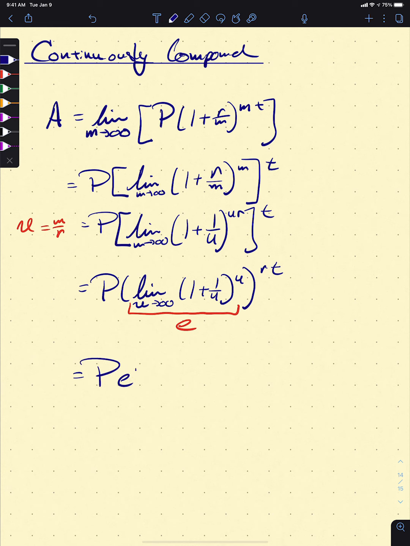So when we continuously compound our interest, right, every possible instant we're taking whatever interest we accumulated and adding it into our principal, we get the PERT formula, right? My principal times e to my rate times my time.